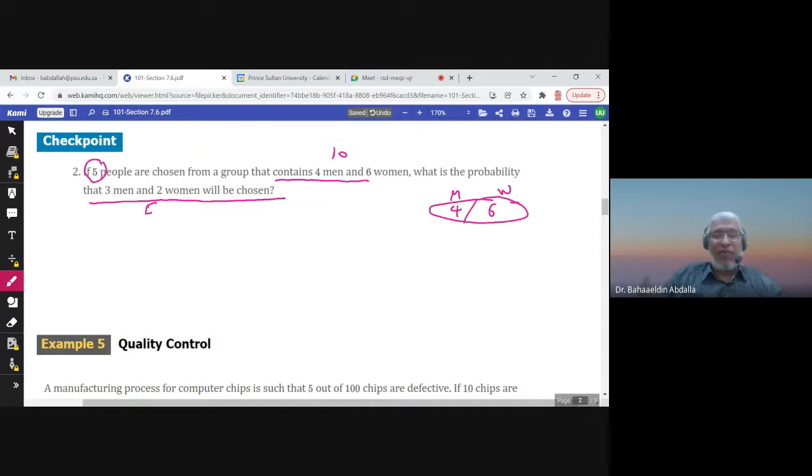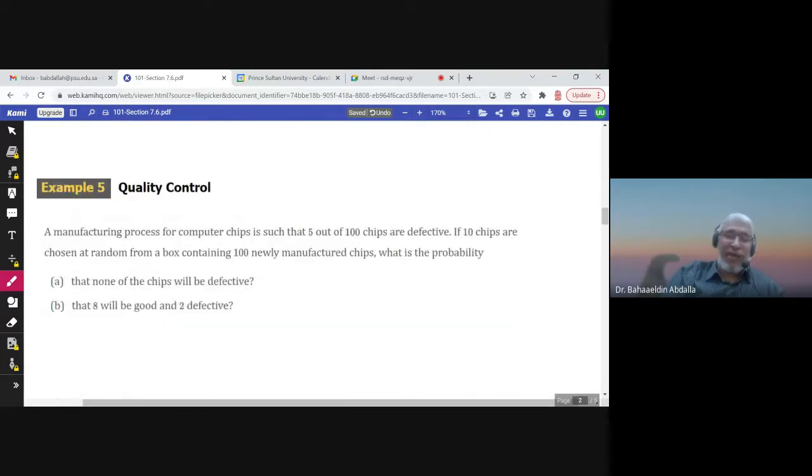This is the event we need to find its probability. Probability of E would be, what is the sample space? We are choosing 5 out of 10, so 10C5. The event, I need 3 men out of what? Out of 4. So 4C3 times, how many women are there? 6. I need to select how many of them? 2. So that's the probability.